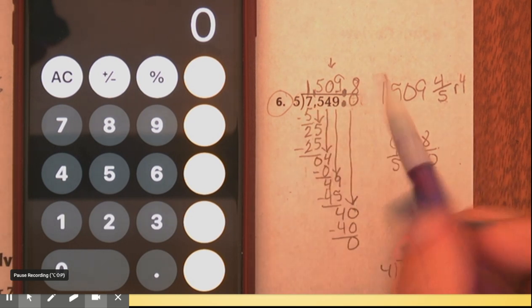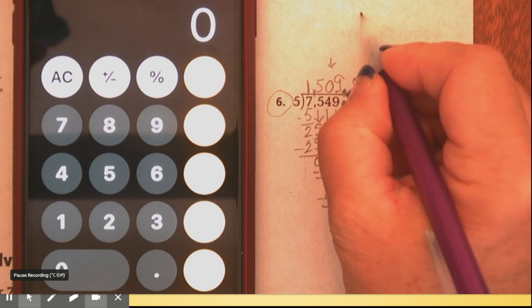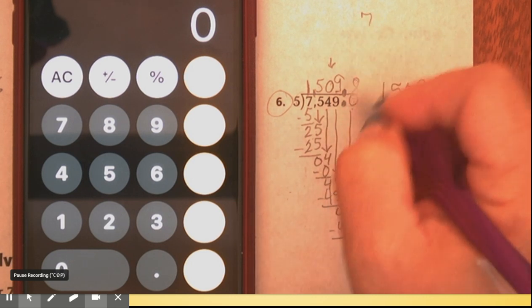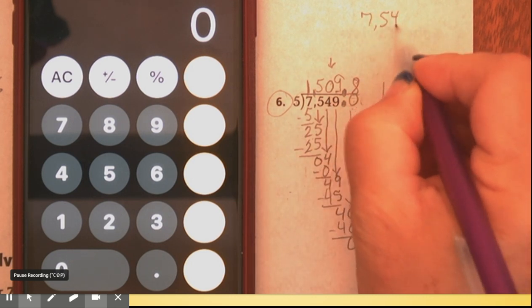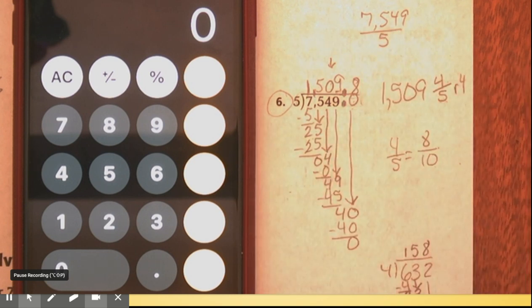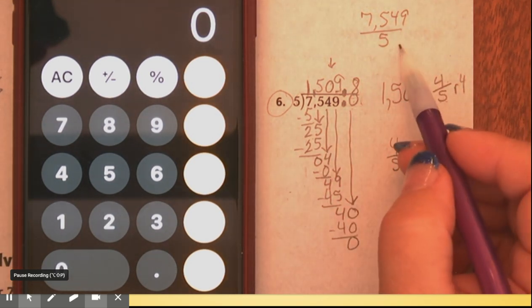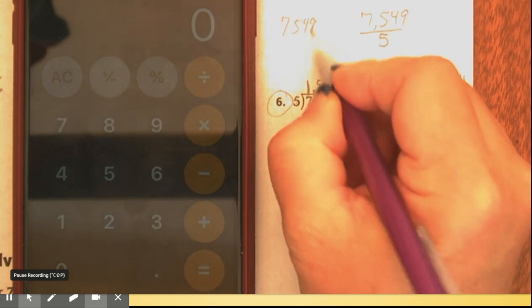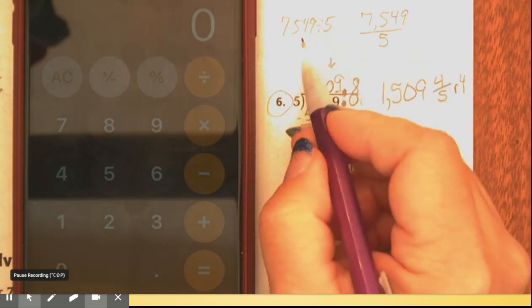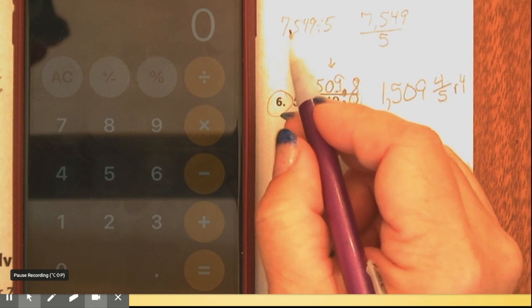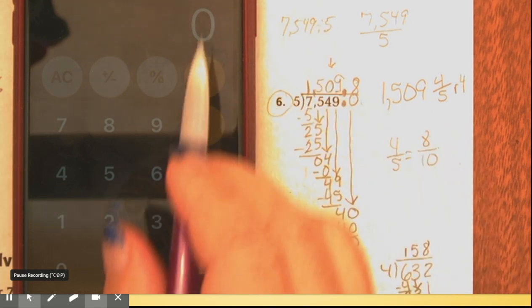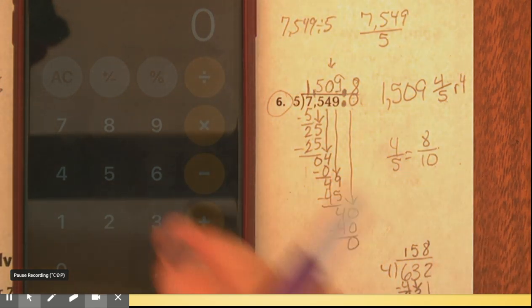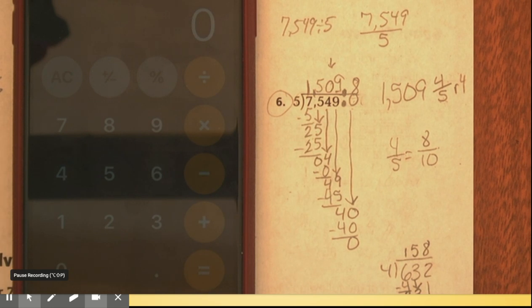So how I told you how this looks, this is actually 7,549 divided by 5. This is how it looks in fraction form. This is how it looks when you write it out. 7,549 divided by 5. Now, it just got really bright in here.